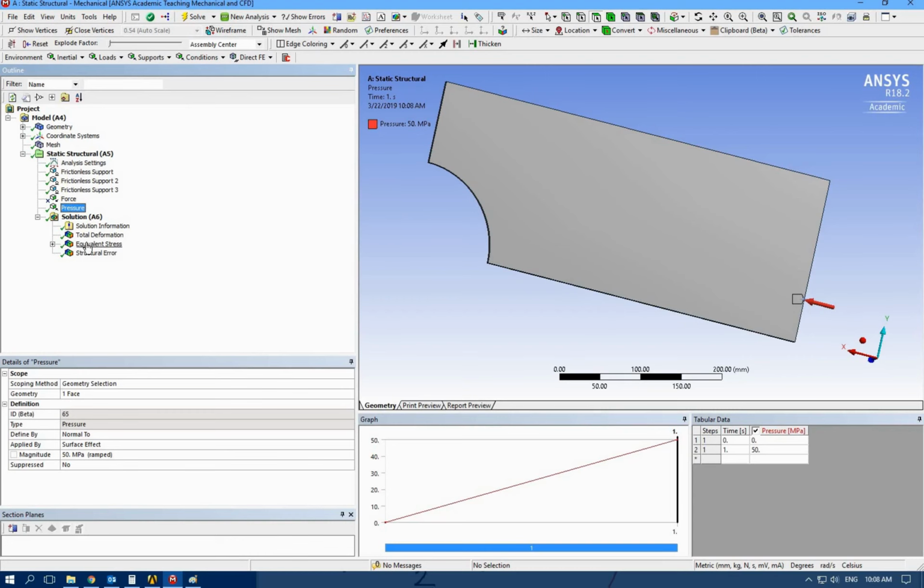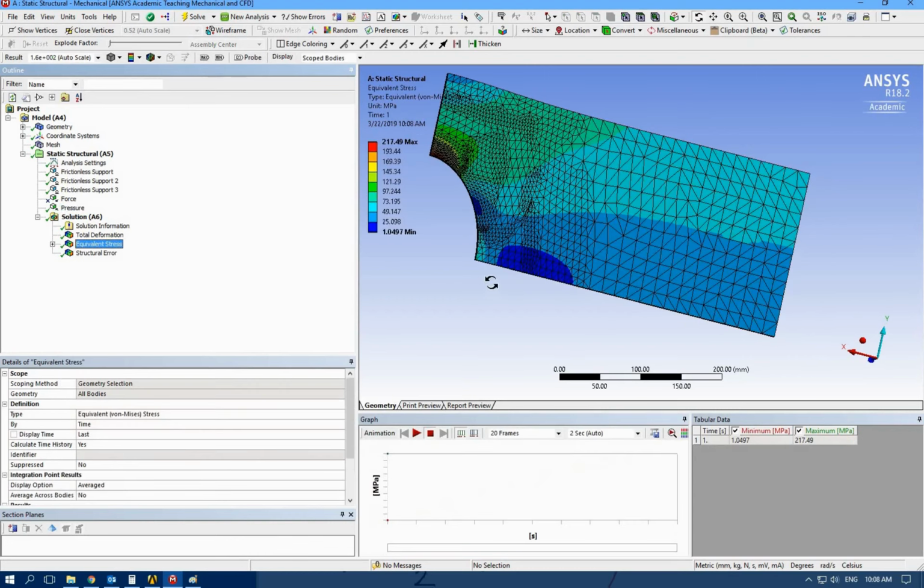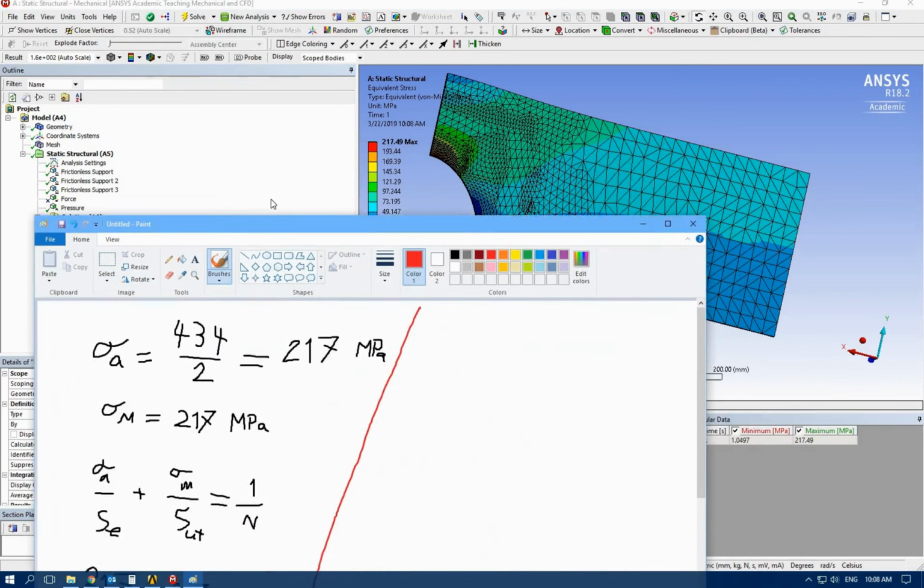So for the positive 50 megapascal, the stress was 250. Let me write it down here before forgetting.